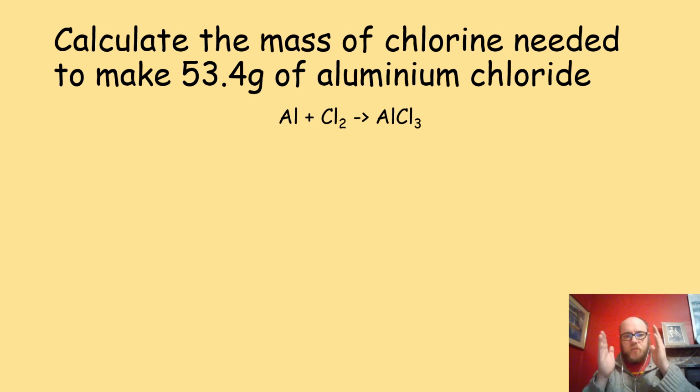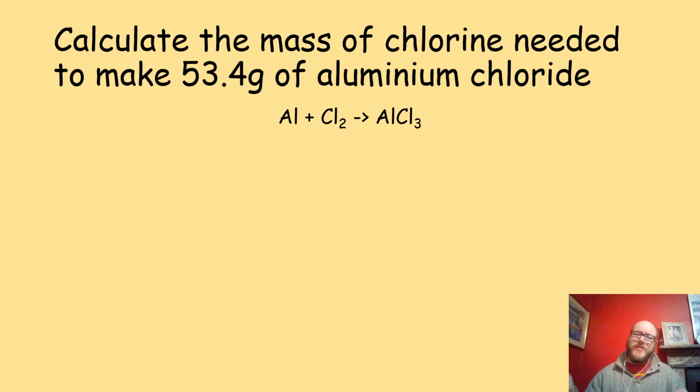So, is this balanced? Well, I've got one aluminium on that side, and then I've got one aluminium on the product side. So my reactants and my products for aluminium are the same. Hooray! Brilliant. So I've got 2 chlorine in the reactants, 3 chlorine in the products. That's not good.